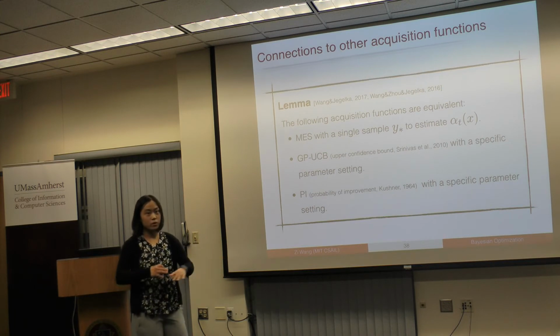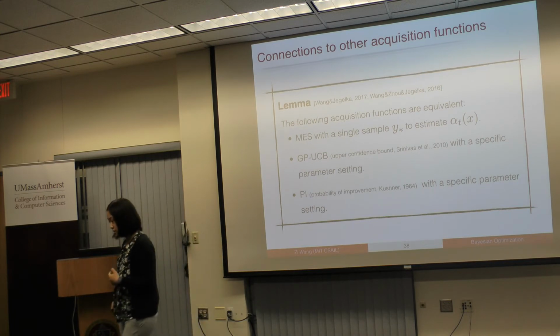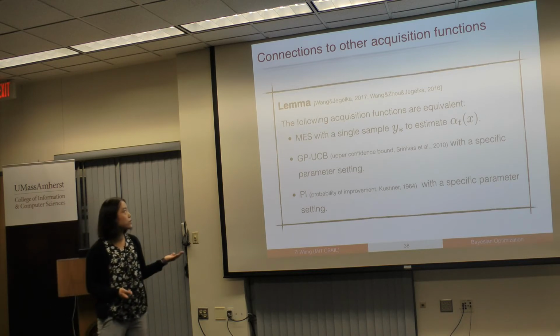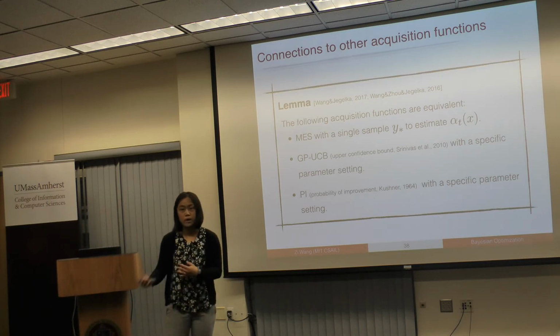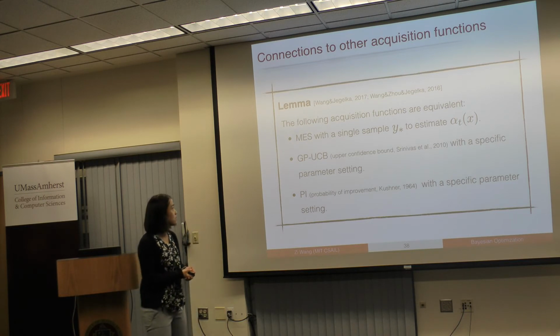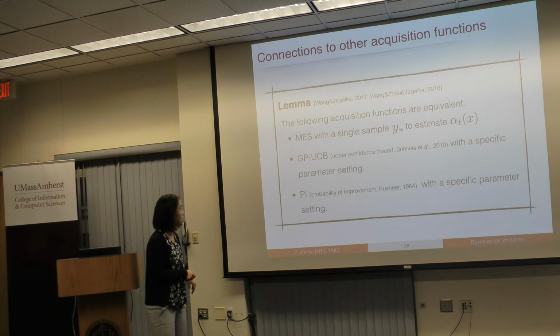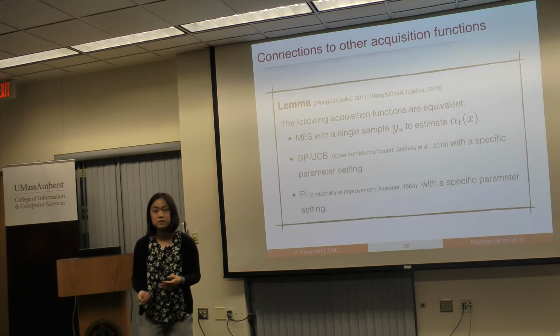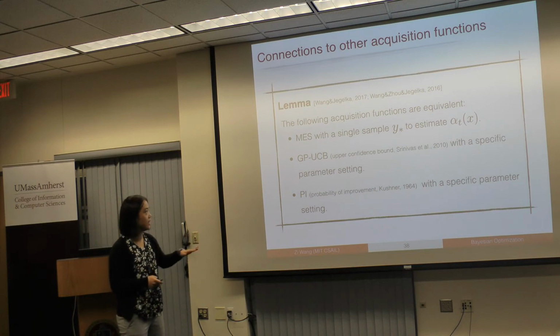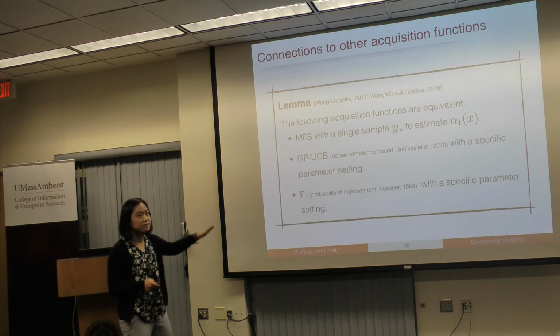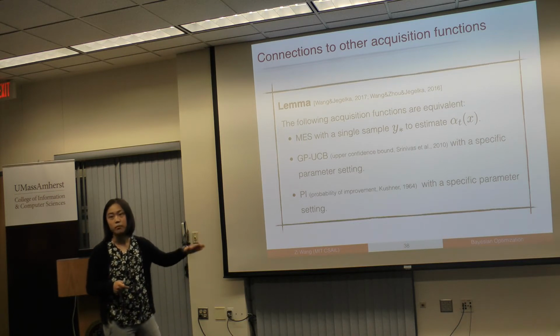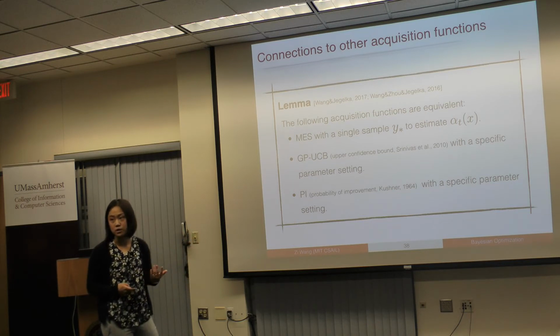So basically, what these analyses have shown us is that we can really view the MES approach with one sample of y star as a way to smartly tune the hyperparameters for some existing approaches. So we've talked about the GP-UCB approach, and then another approach is in fact called the probability of improvement, which I didn't talk about here. But basically, we can show some connections among the existing approaches to the MES approach with just one sample of y star.